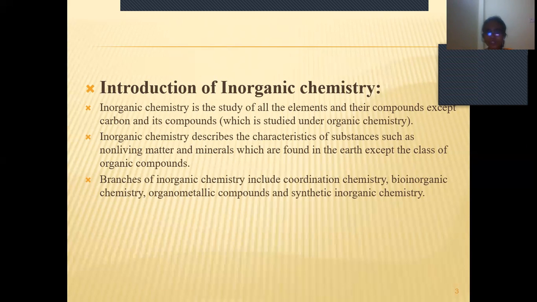Mainly, inorganic chemistry tells about the characteristics of substances which do not have life, meaning non-living substances, and the minerals found on the earth. The branches of inorganic chemistry include coordination chemistry, bioinorganic chemistry, organometallic compounds and synthetic inorganic chemistry.